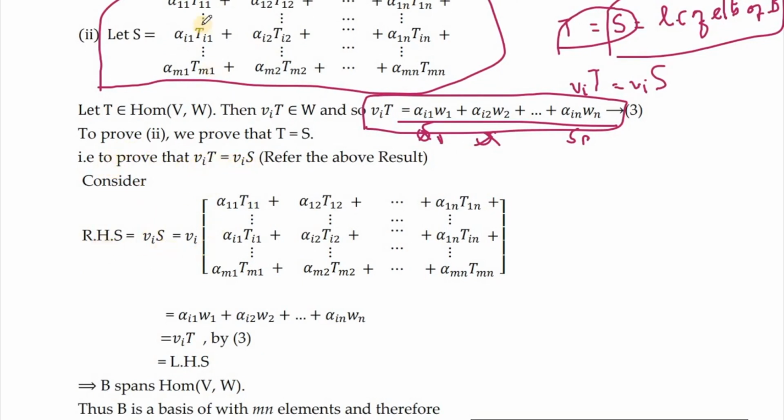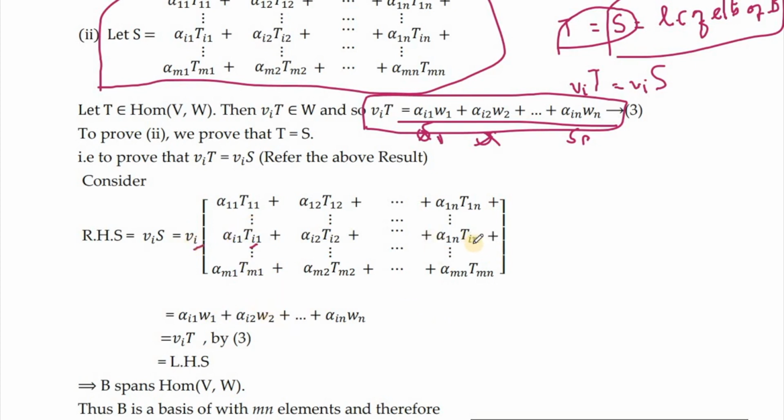So you consider VIS, which we have already written, and by the definition of our TIJs, only when this and this are the same will this TIJ function. And what will happen to this? Nothing will happen. Alpha I1, alpha I2 will be left as such, and this VI along with this will be W1, VI with this one will give me W2 and so on.